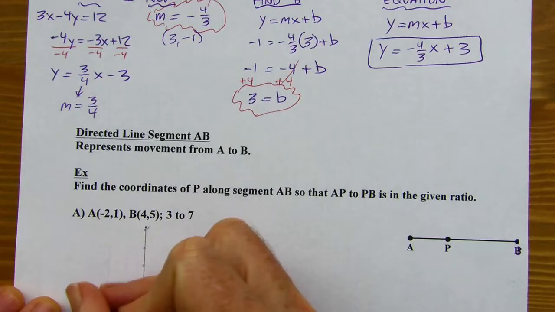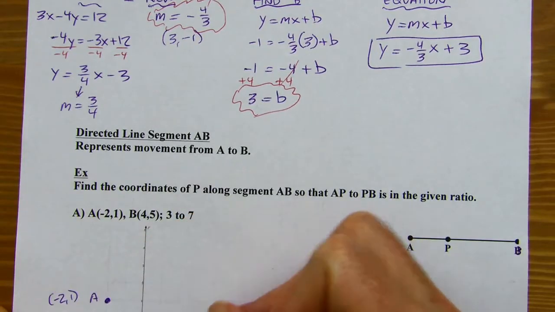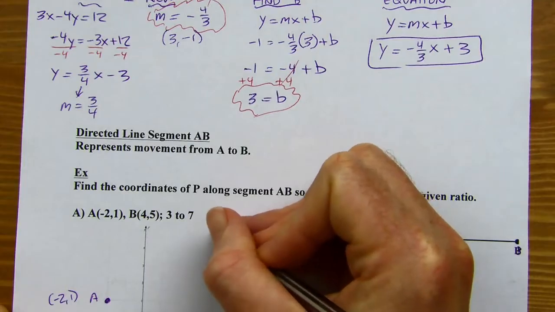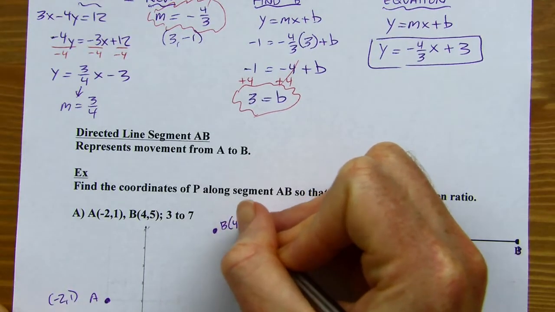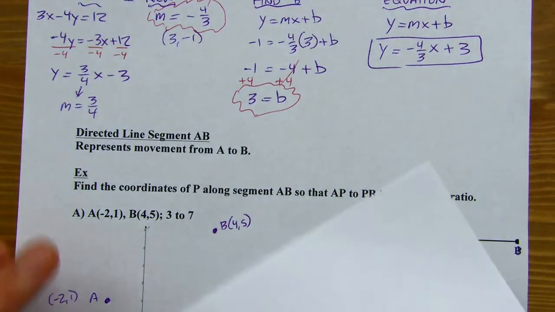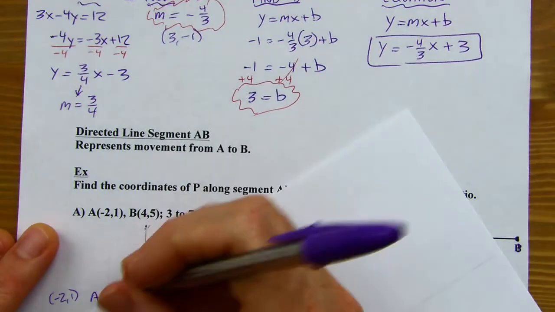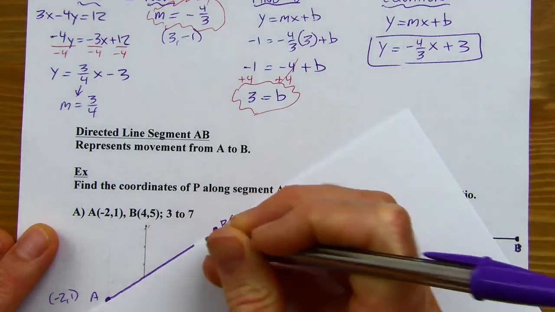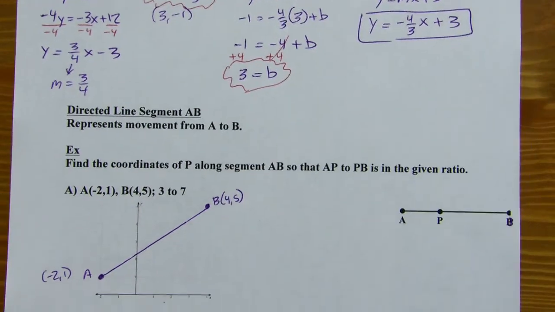Here's point A, it's -2, 1, and point B is at 4, 5, somewhere up there. You can just freehand this, but I'm trying to get a straight line here. Okay, so there's my segment.